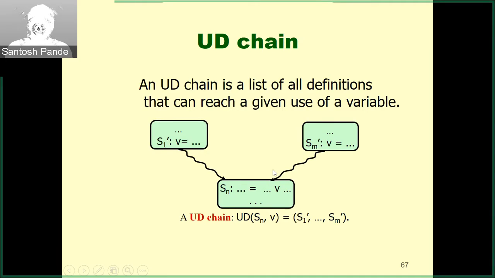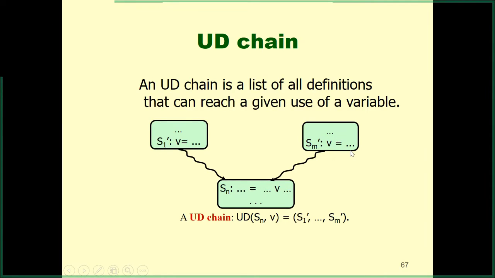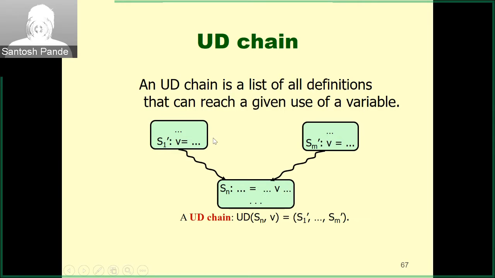So let's say that this is A is equal to B, S1 dash is A is equal to B, and SM dash is also A is equal to B. And therefore we have these two definitions reaching here to the use of this A. This V is the A here. And so the question is, we would like to substitute this A by B by taking the copy.